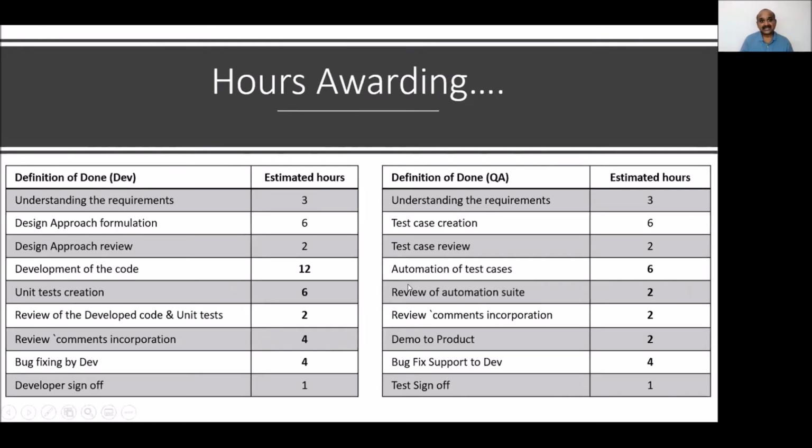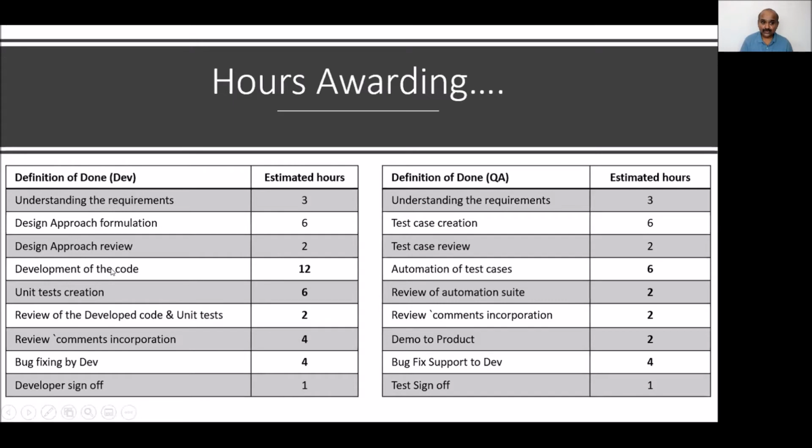The next one, when it comes to sprint planning, right? You are basically estimating the hours. Now, my next question is, are you considering the definition of done? For example, from the developer's perspective: understanding the requirements, design approach formulation, and then the approach has to be reviewed.